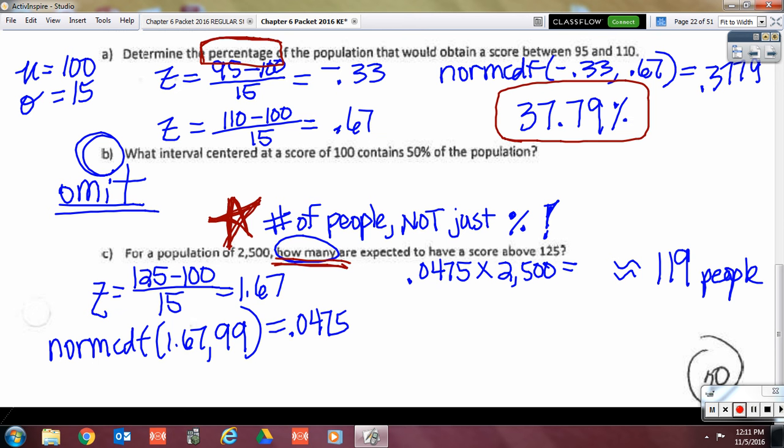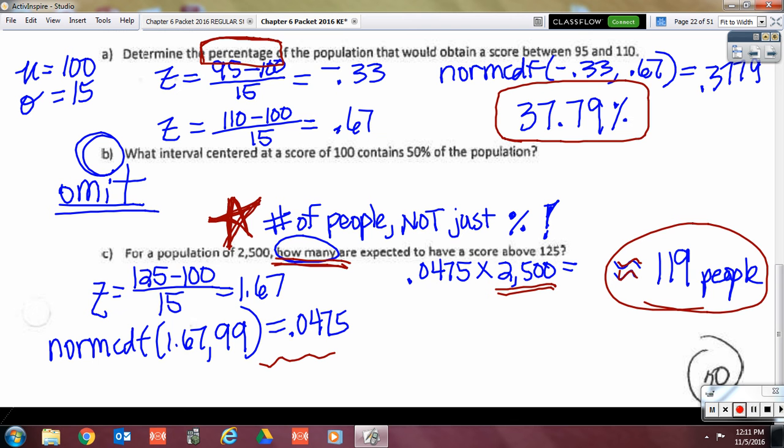So once I find my area, which was 4.75%, I multiplied it by the total people so I could get about 119 people. And again, I rounded appropriately. If it was above 0.5, 118.6, whatever, then I rounded up. Okay, so that was all of those.